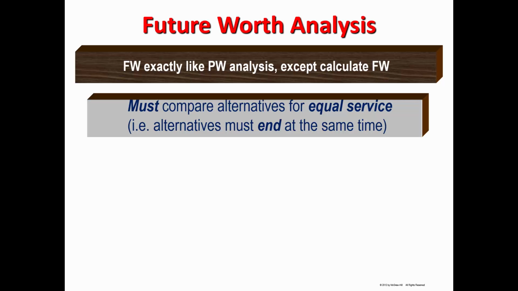That's review. Today we're doing future worth analysis, and it has some of the same rules as present worth analysis. The big rule last time was cash flow diagrams have to have the same length, and that's still our rule, even when we're doing it in terms of the future value instead of the present value. Now, in present value, we took all of the inflows and the outflows to year 0. In future worth analysis, we're going to take the whole cash flow diagram, including inflows and outflows, to some future year.